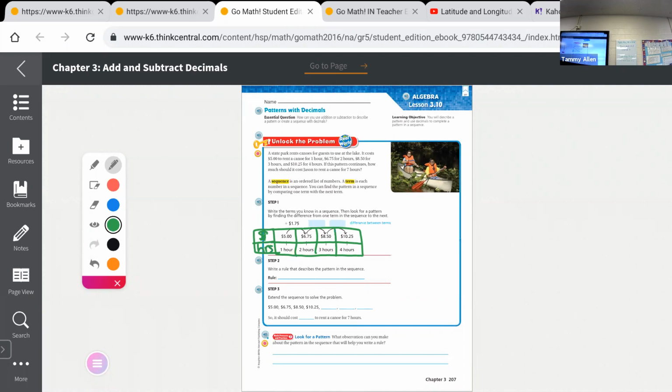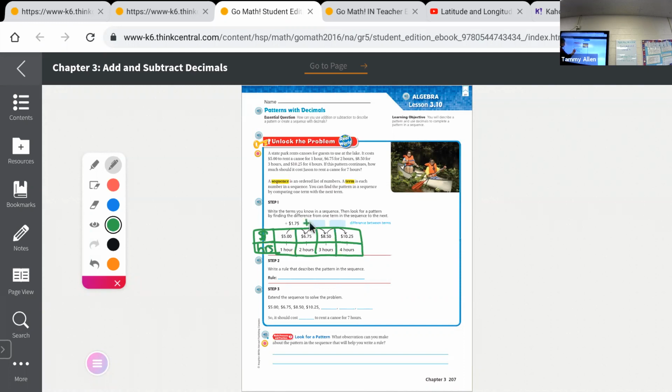So you look at it, and you go, well, these go by ones, okay? And then you look at the top, and you go, oh, how are those going? Well, you start looking at this, and you say, well, if I take $5, I add $1.75. And then I look, if I add another $1.75, do I get $8.50? And the answer is yes.